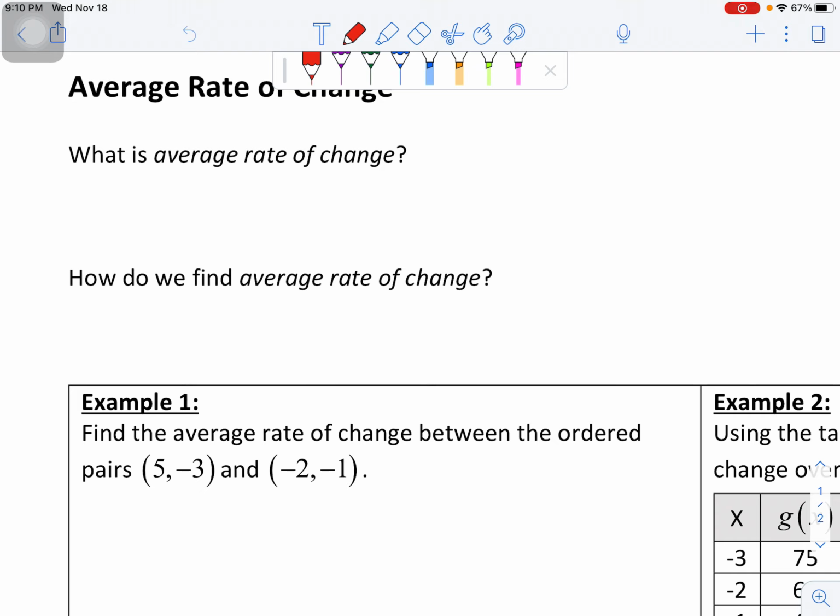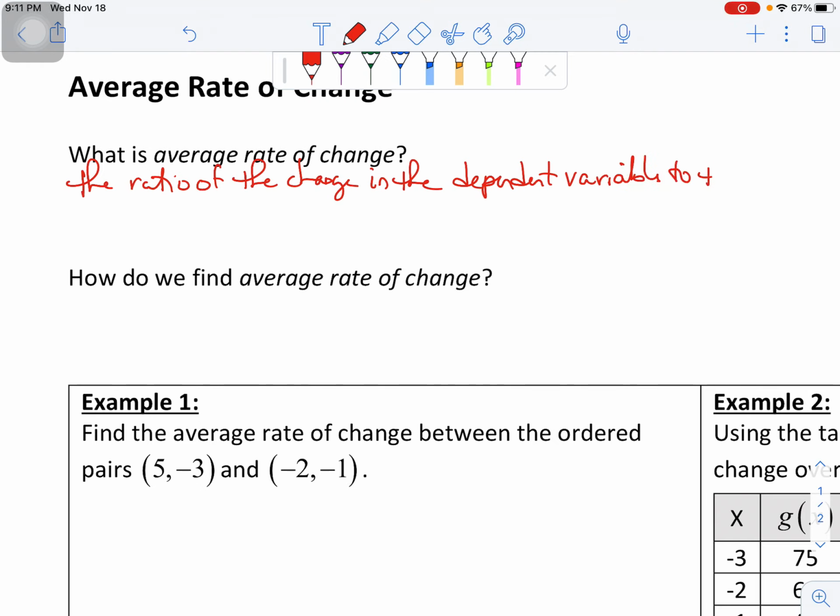By definition, the average rate of change is the ratio of the change in the dependent variable to the change in the independent variable.